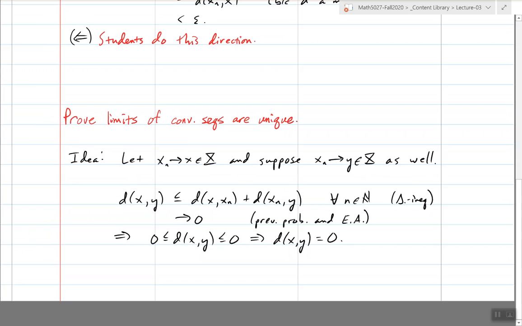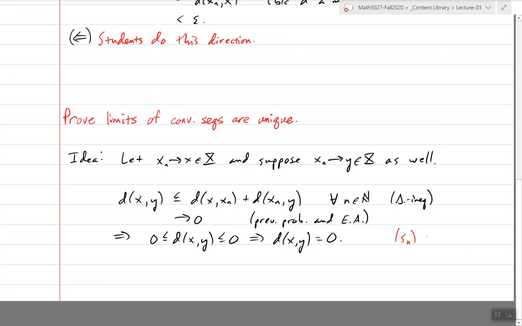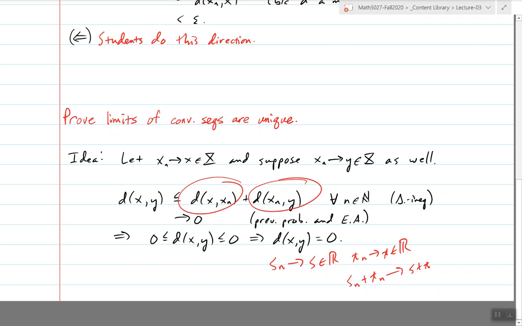What I mean is this: if Sn converges to S in the reals and Tn converges to T in the reals, then the sequence defined term by term as Sn plus Tn converges to S plus T. I'm using that the distance from x to xn and the distance from xn to y are two sequences of real numbers that both converge to 0. That's the previous problem, and then I'm combining it with this result from elementary analysis.